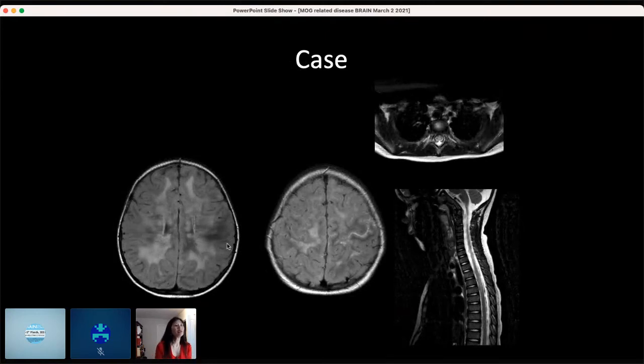This is a case of a 2-year-old child, and this is a case that any of us might have seen in the emergency room or on the ward. He presented with a focal seizure. He had mild encephalopathy, the parents noticed that he was not speaking appropriately, but overall looked bright and happy.